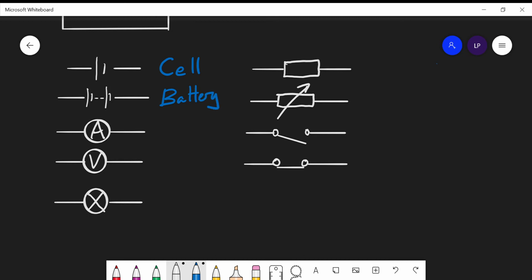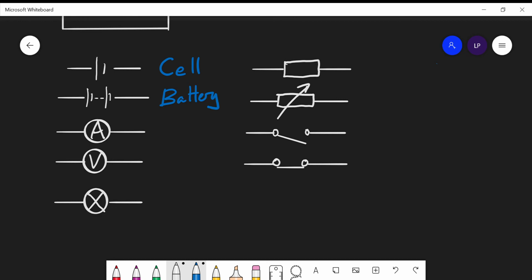So a battery or a cell can be the power source that provides the electrical energy for your circuit. 9 times out of 10 we use a cell because it's easier, and it can also represent a power pack, power source in that respect.